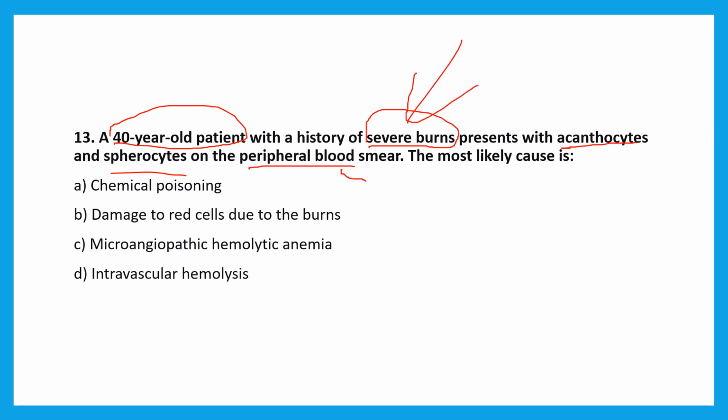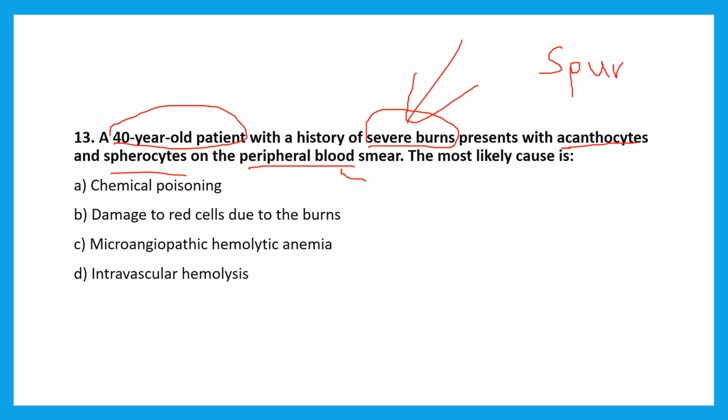So severe burns cause direct thermal damage to red blood cells, which can manifest on a blood smear as what? Acanthocytes, the spur cells, in case you get confused.